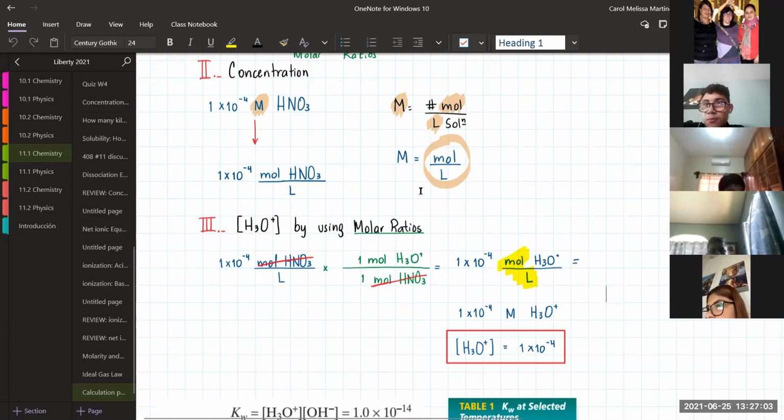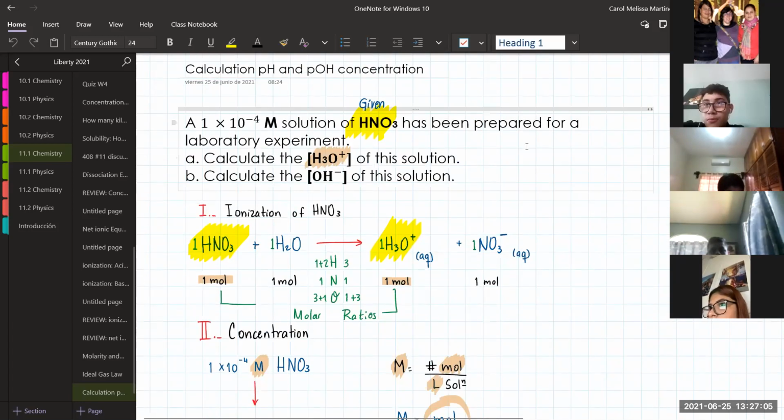Now, with this, we already solved the first part of the problem, which is calculating the concentration. Remember, the brackets mean concentration. The concentration of hydronium ion of this solution is already solved. Now we're going to focus on the second part that says calculate the concentration of OH ion of this solution.